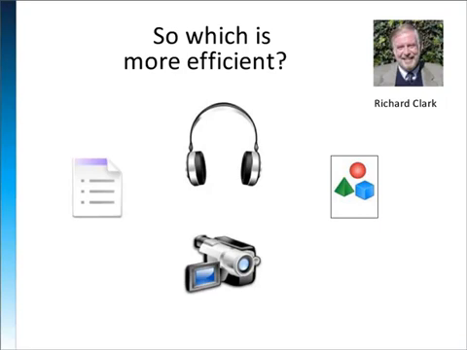Now, let's look at each of these media and think about what type of information they really are. First, obviously audio is auditory information, and video is actually a combination of auditory and visual information. But let's concentrate on each of these one at a time.